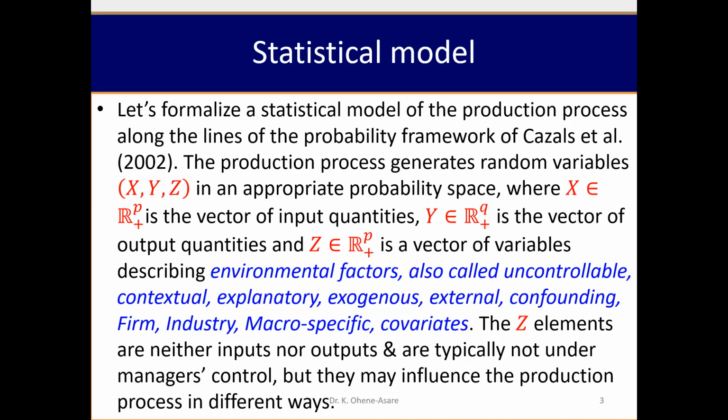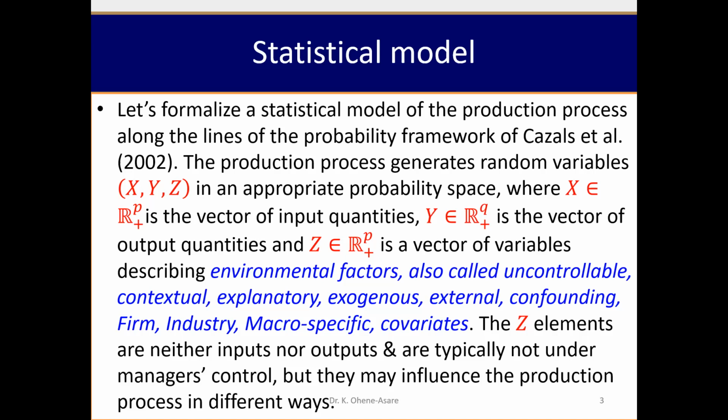Contextual variable is another name. In the banking industry, you have size, which is outside managerial control. Corporate social responsibility may also be outside managerial control, so it may be considered as an environmental or explanatory variable in a regression. These are outside of management, so they are also called exogenous or external variables.